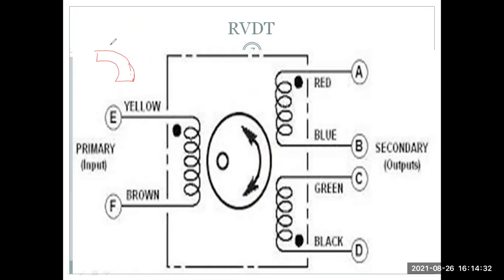This is the core, here is the primary coil, and here is the secondary coil, say another secondary coil is there, and this is the output. The core is also angular or rotational.